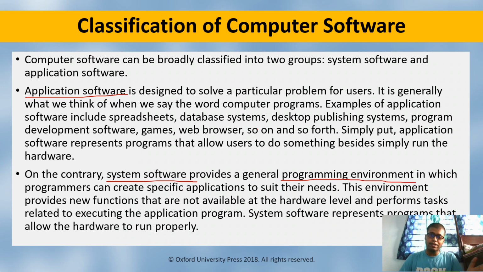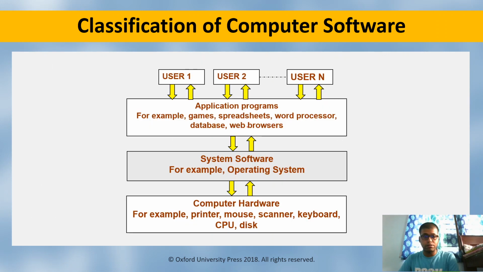There are different applications for them. The same type of task can be done using different applications. So application software is also OS dependent, and that OS provides an environment to run that application. Okay, so these are the main classifications of software.